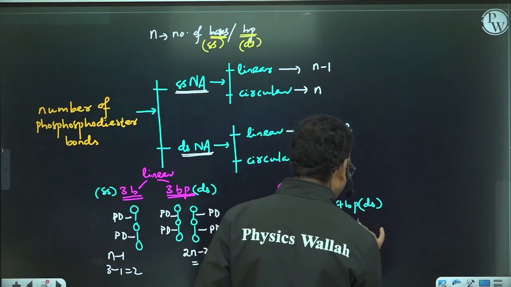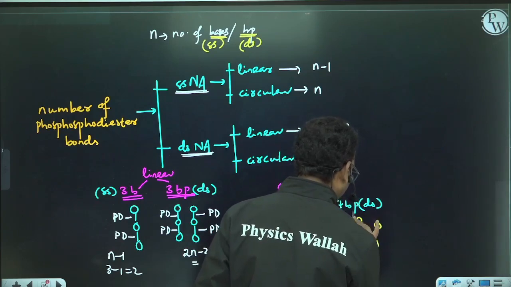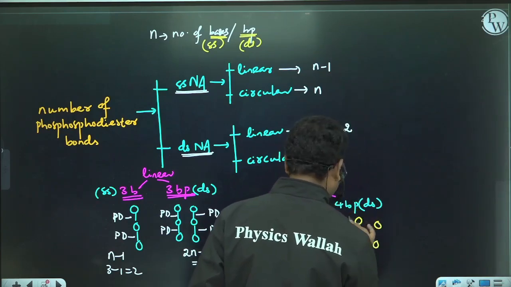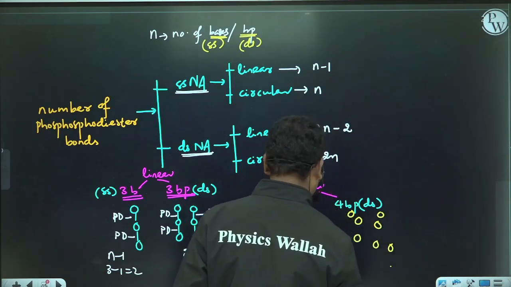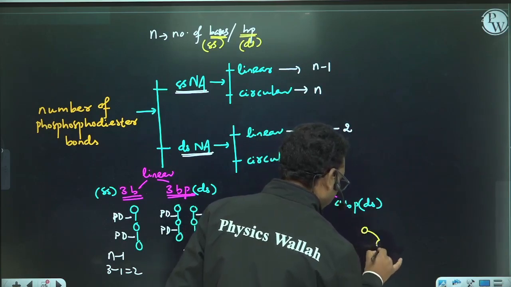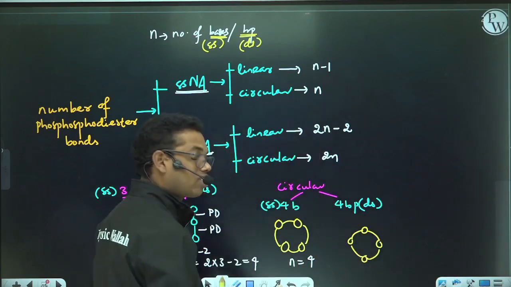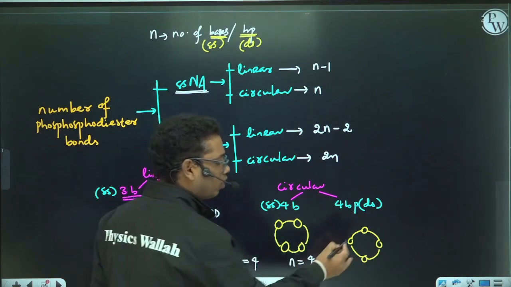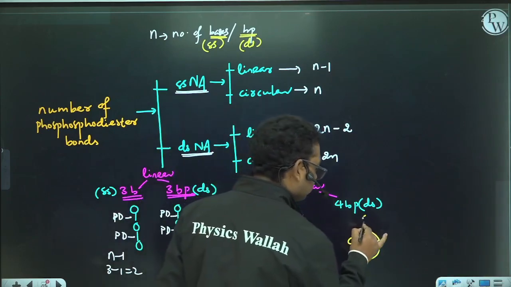So suppose this is single stranded circular DNA, in which these circles are representing the nucleotides.